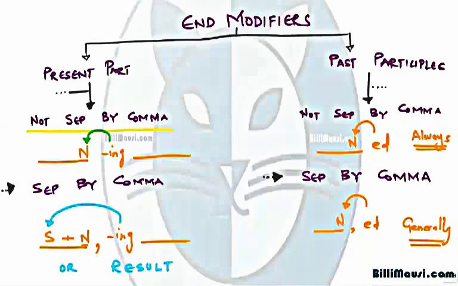Let me give you one additional tip. In case of end modifiers introduced by present participles, we do not talk of essentiality or non-essentiality of the modifier. Okay, that's the three-line summary.